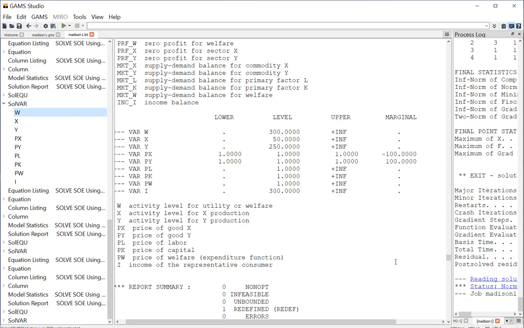And for PY, that's the labor-intensive good. You're exporting that. Supply exceeds demand by 100 units. So that is giving you your international trade. This isn't a great way to do it because you're going to put tariffs and transport costs on these variables. This was just a kind of quick trick.